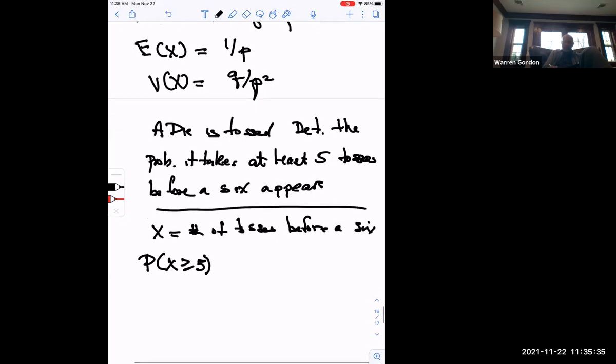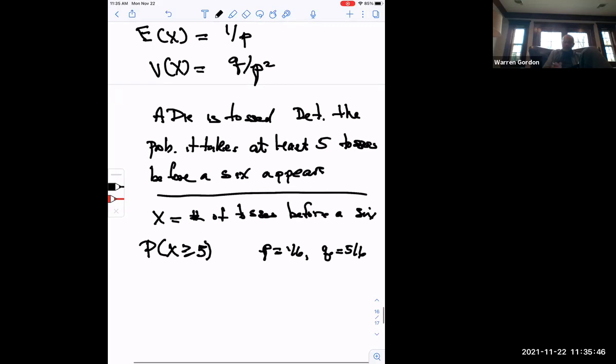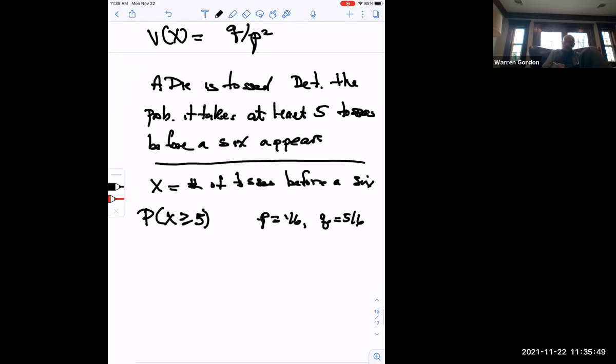So there's my question. Now, by the way, we know little p is 1/6, and q is 5/6. So the probability that x is greater than or equal to 5 is really the sum from 5 to infinity of q to the k minus 1 times p.